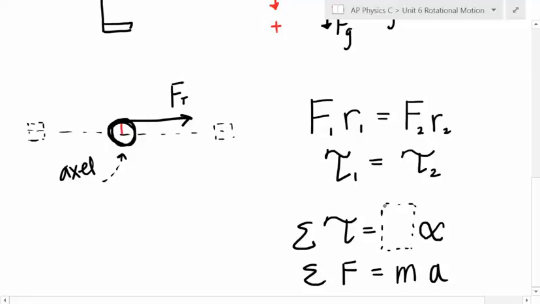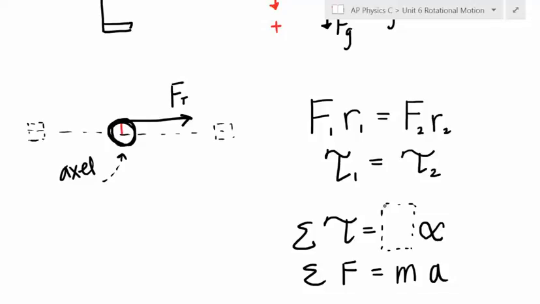Well, when a mass has a position with respect to the axis, we saw that the acceleration changed. So your acceleration was much bigger when the radius was much smaller.